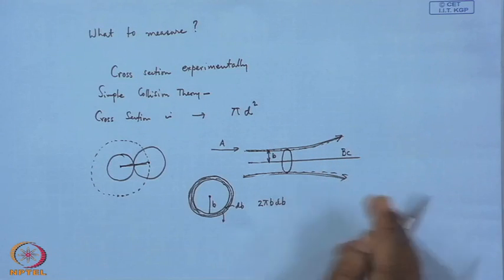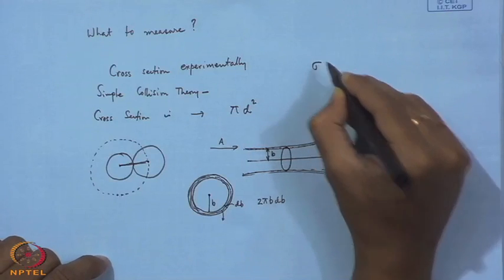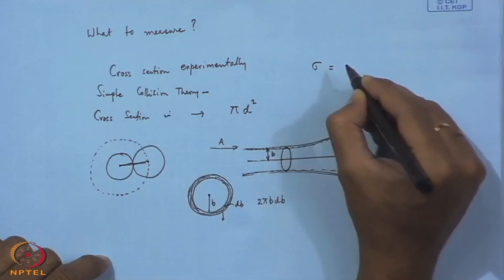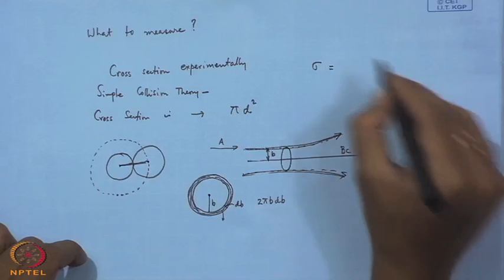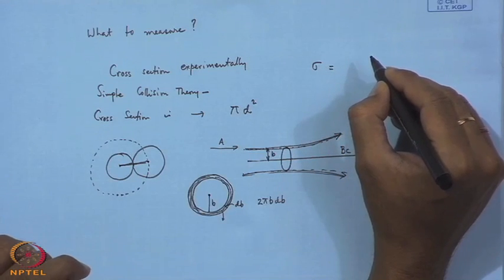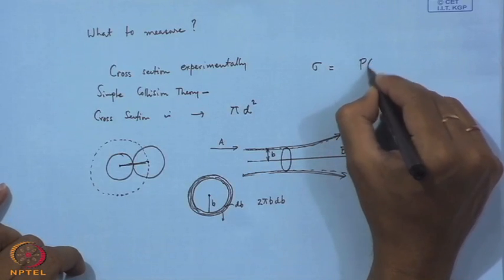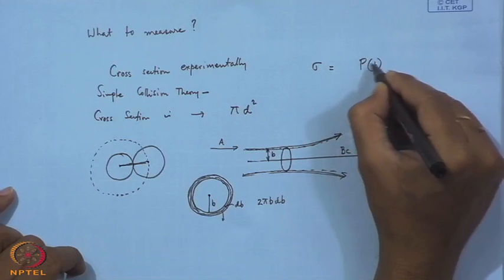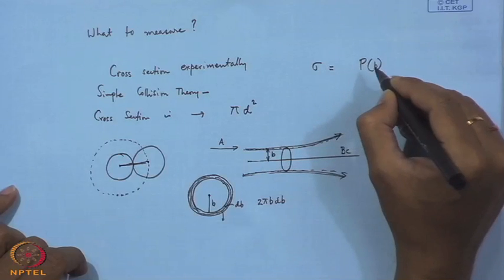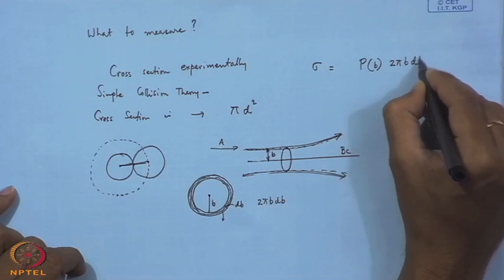Now, in classical physics, the cross section is defined in this fashion, that sigma is the cross section, which is equal to a function which represents the reaction probability. So, P(b), that is probability with b value, into 2 pi b db.